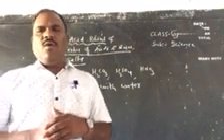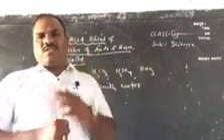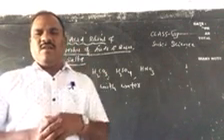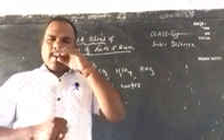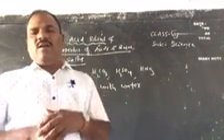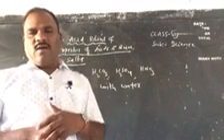Children, industrial waste gases contain sulfur dioxide, nitrogen dioxide, and carbon dioxide, etc. Industries release this kind of gases.